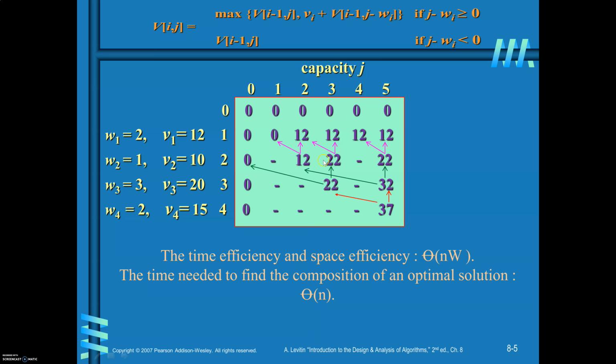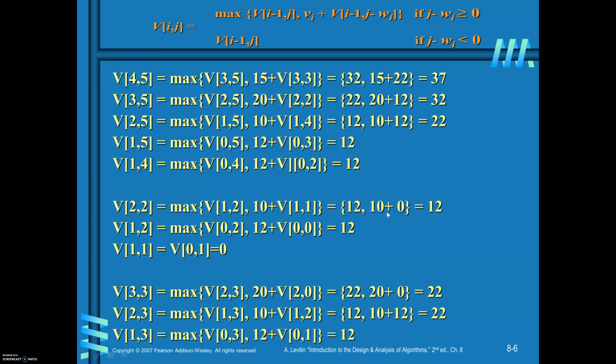Similarly, in order to find these three values, you are required to know all these values. Then only can you find the value of V(4,5). So initially the algorithm will be called for V(4,5), and the same thing is traced here.